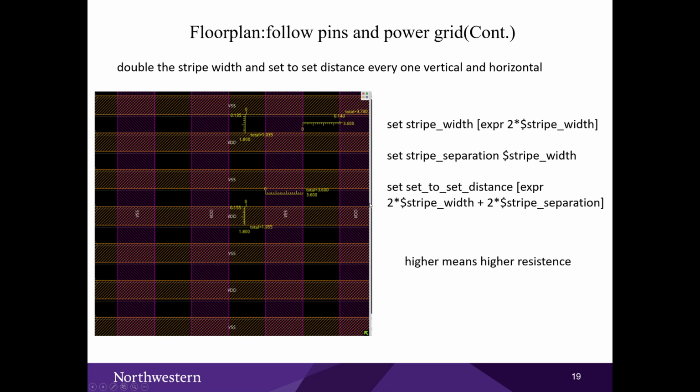Which means we double the width of them. And the reason why we need to double the width is that higher layer means higher resistance. So we need to double their width to make a lower resistance.